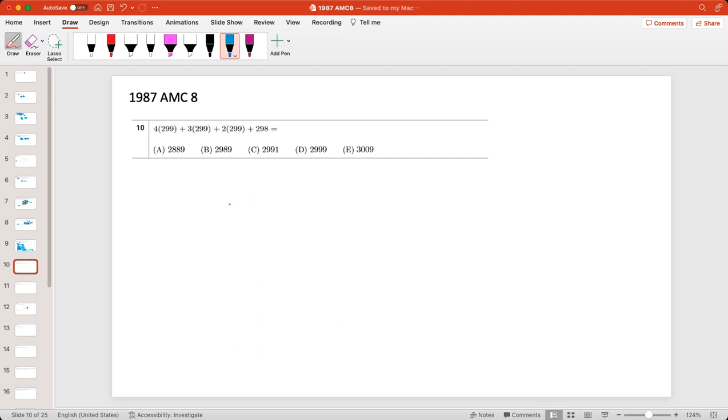Coming to the next question: 4 into 299, 3 into 299, 2 into 299 plus 298. So this is nothing but 4 into 299 plus 3 into 299 plus 2 into 299.